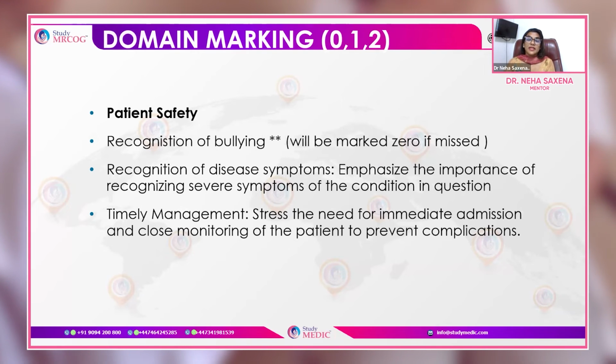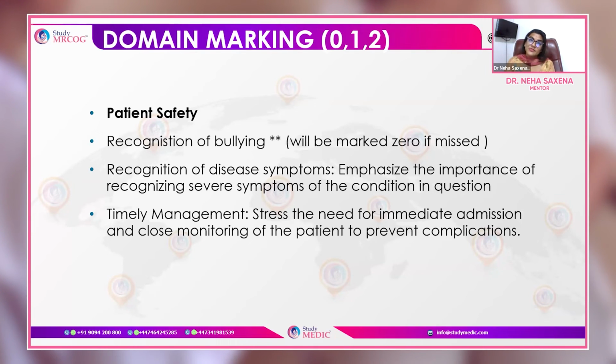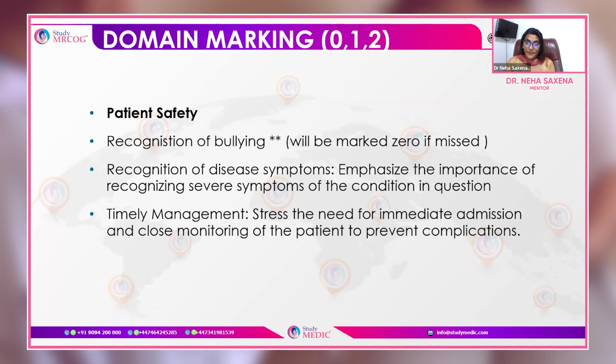Then we have to recognize the disease symptoms. If any severe PIH case is given to you, any diabetic mother that has come to the emergency, any abruption case, or any ruptured ectopic, you have to identify the symptoms, what the patient has come with and what the findings are.